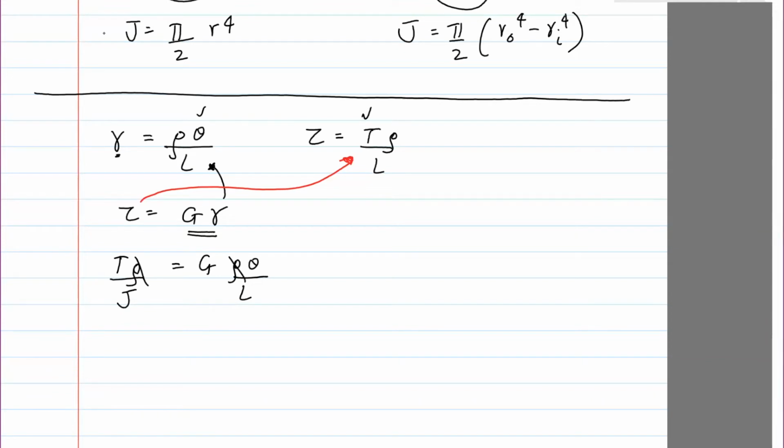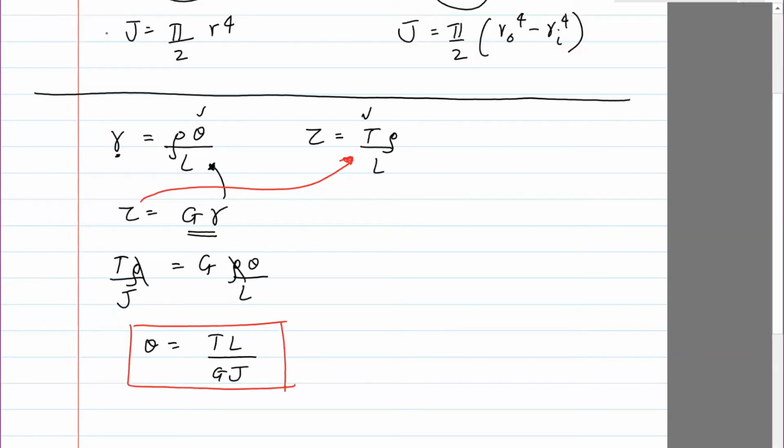Okay, so then we can write an expression for theta that is T times L divided by G times J. Okay, so many formulas here. So that's theta.